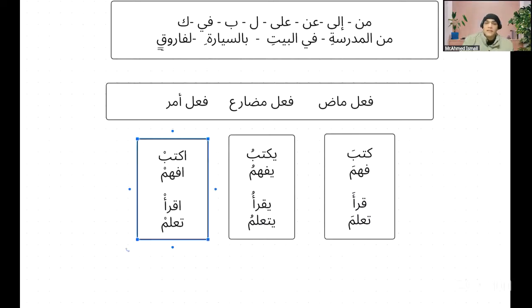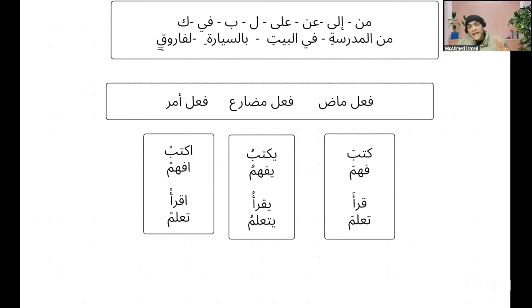Okay, so I think now it's clear. You just need to know. And by the way, this method will really help you to know the type of the فعل. For example, if you have a فعل and you don't know if it's أمر or ماضي, you just look at the end of it. If you have سكون, you know this فعل is أمر. If you have فتحة, you know this فعل is ماضي.